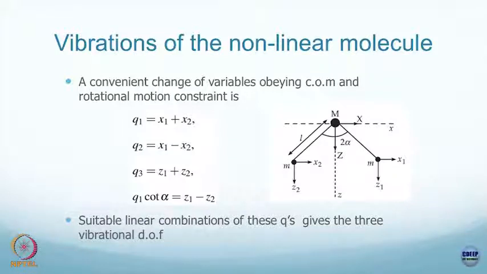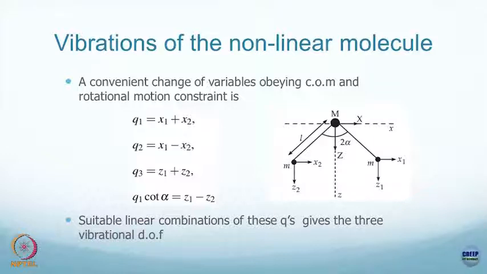To find the normal modes or actual vibrational degrees of freedom, it could be a linear combination of 1, 2 and 3, that I have not really looked at right now. I just made a change of variable and then I can write the Lagrangian for this system. Okay.